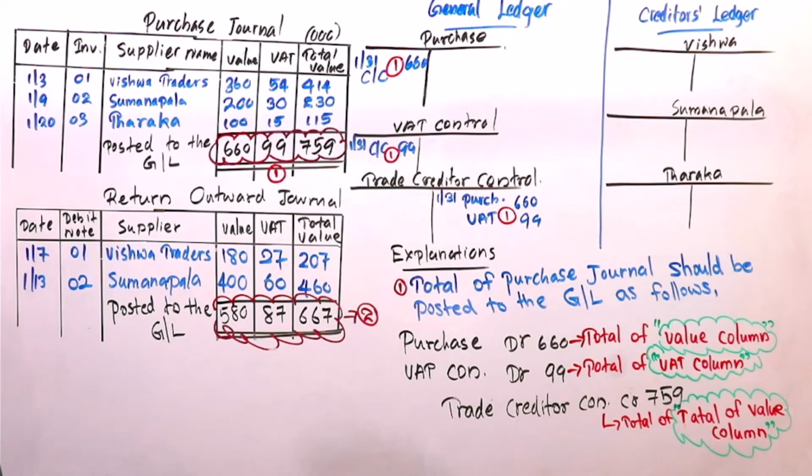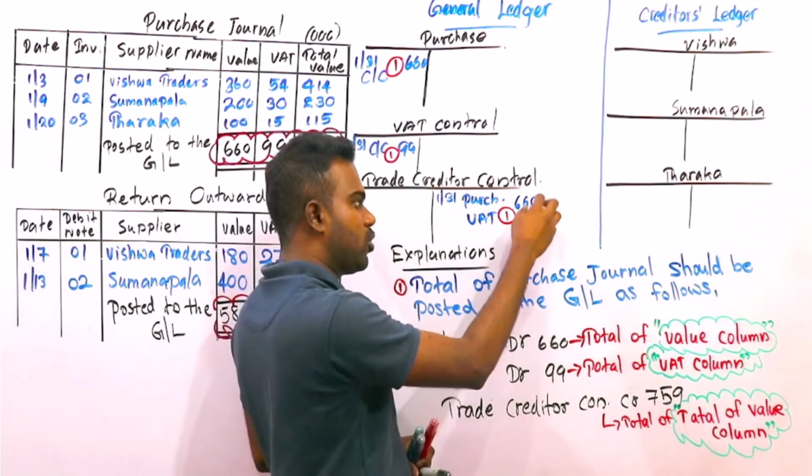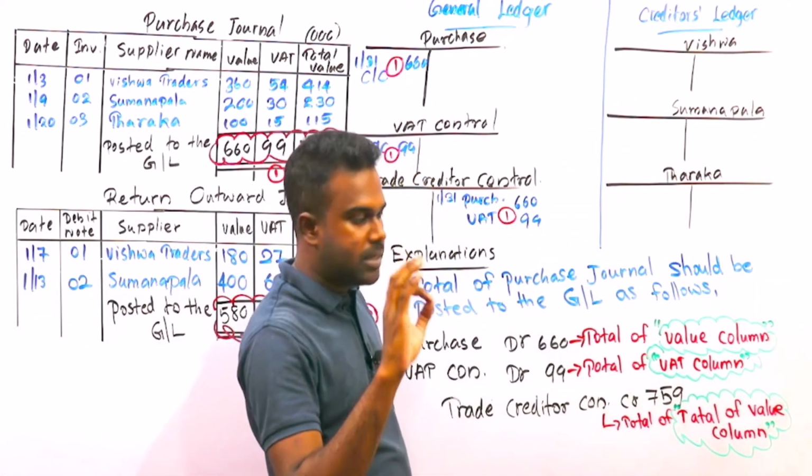Right. Now look at what happened to the creditor control. Actually these totals you have to record separately in private accounts, right? No double entries, only single entries.